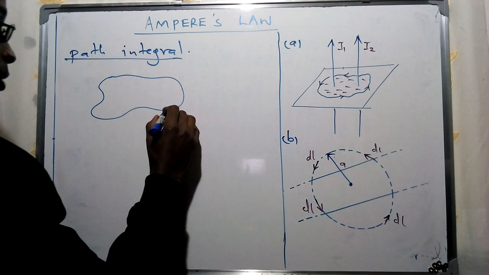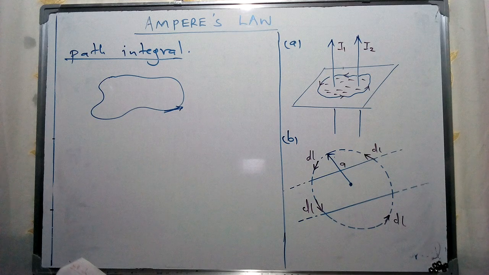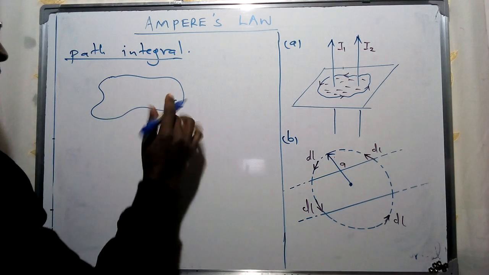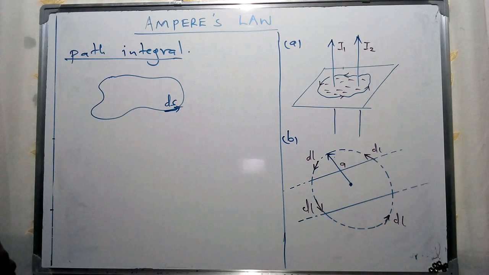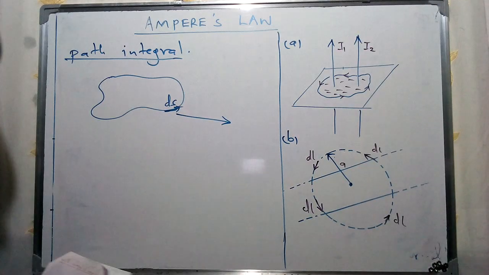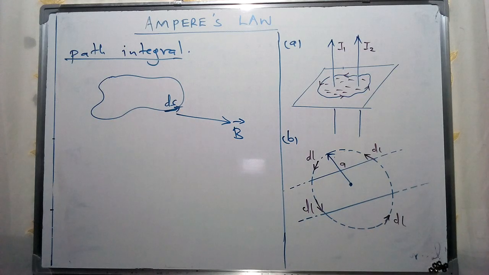We have this specific path with this particular element ds. The distance around this path is given in terms of s, and we're going to have a magnetic field, which is illustrated as such.